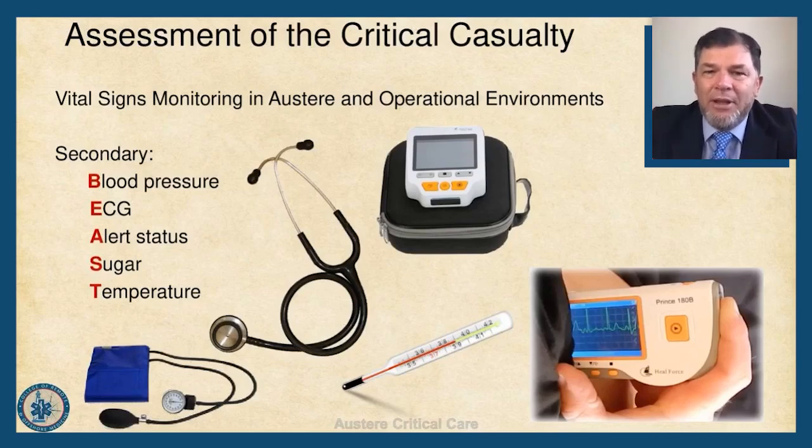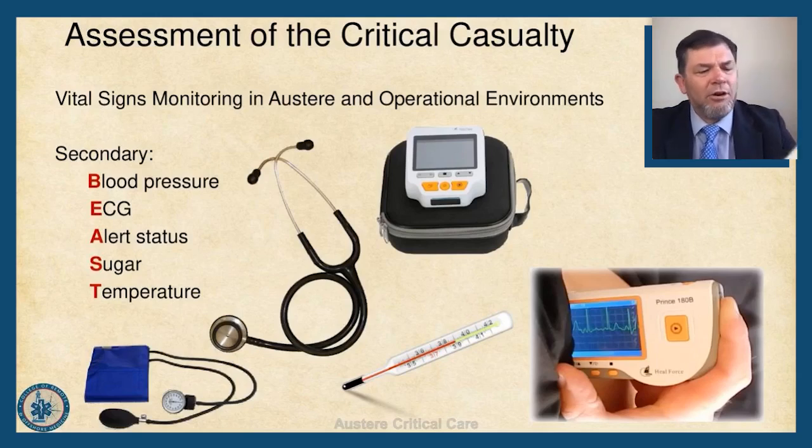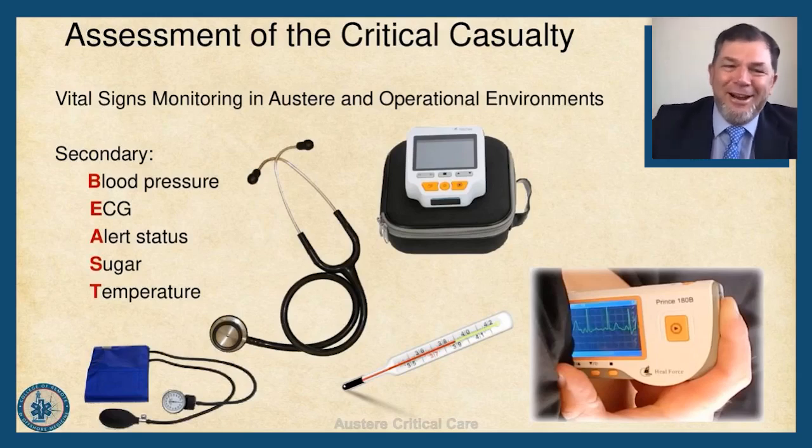I want to get something with my stethoscope and my BP cuff to get a more fastidious, accurate assessment. But these are brilliant for just keeping an eye on the casualty. In fact, we don't let our students use this because it's too easy. We want them to practice.